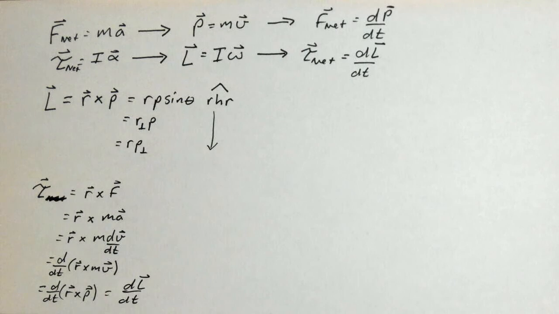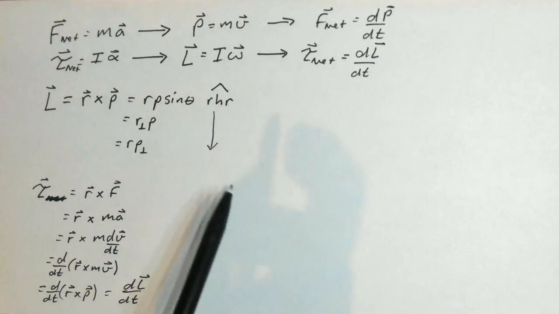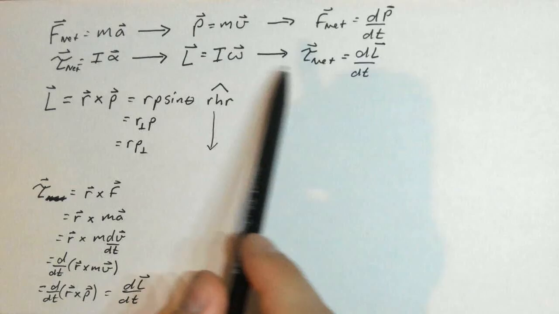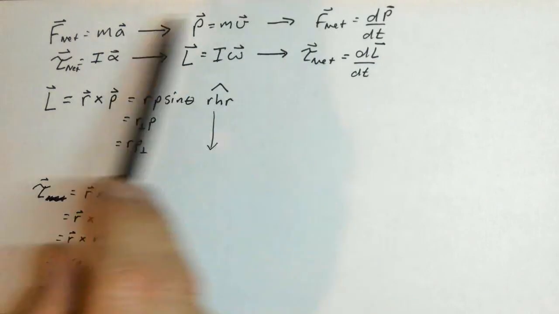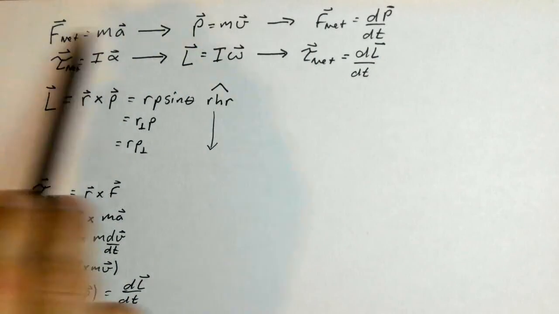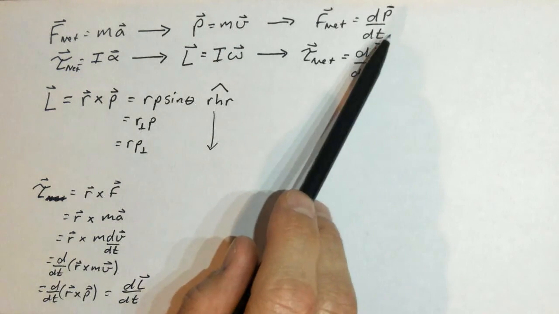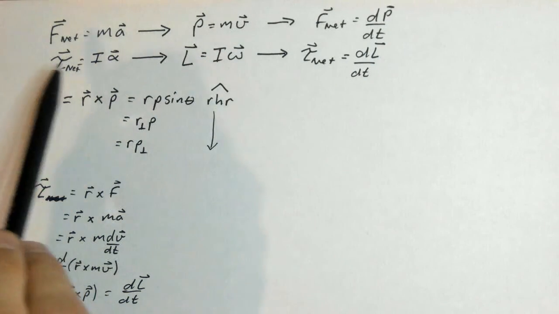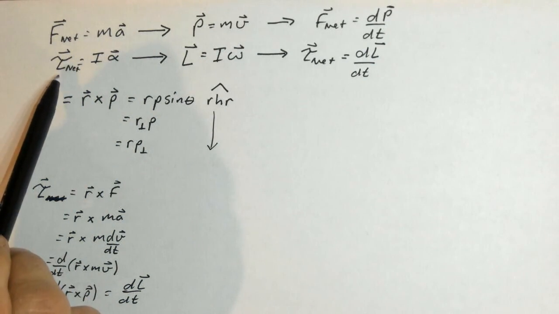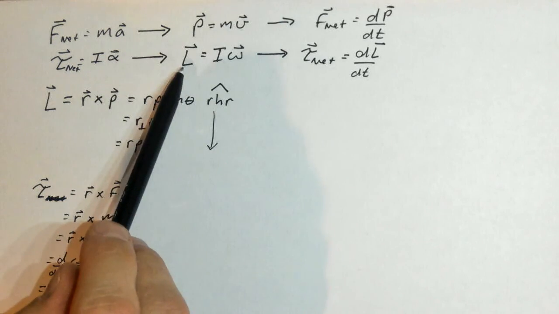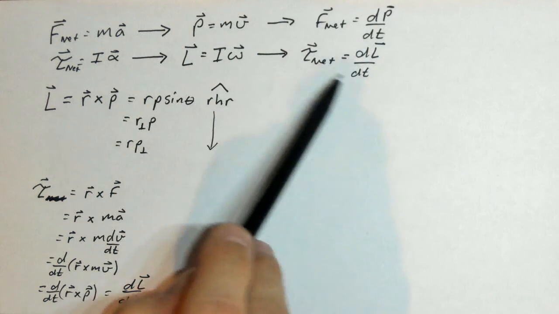But what's so beautiful about it is it's great to know the math, and it's important to know the math, especially if you want to try and expand it to more difficult, more complex problems. But the end result has this beautiful symmetry between linear things that are being pushed along the line, versus rotational things. So we have our definition of force or torque, definition of momentum or angular momentum, and then how those are related.